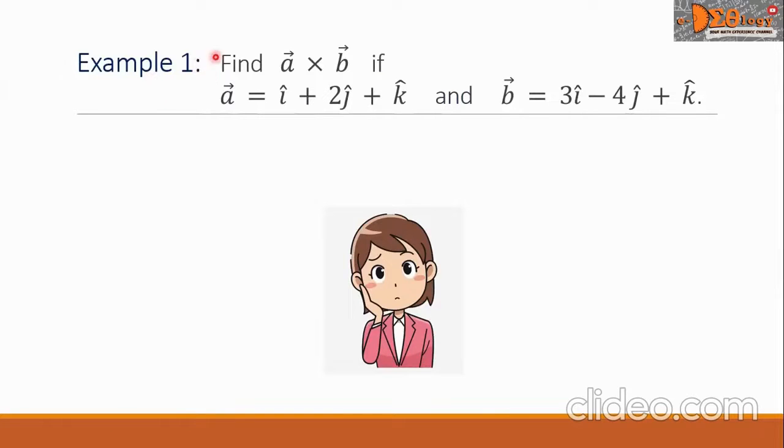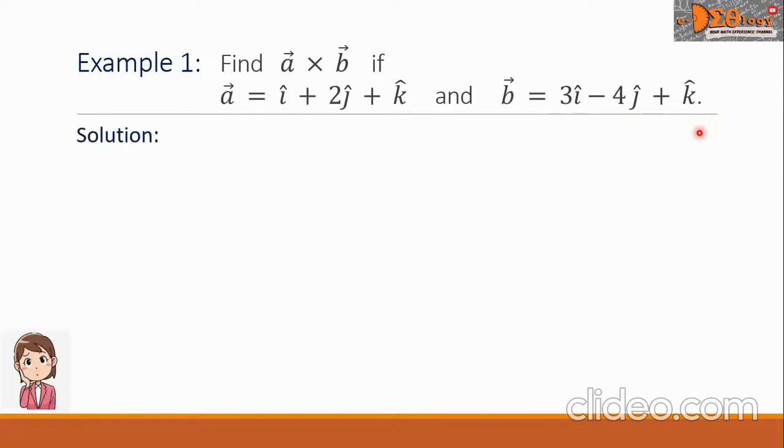Example 1. Find vector A times vector B if vector A equals i plus 2j plus k and vector B equals 3i minus 4j plus k. So we write here vector A times vector B, and let us write also the 3 by 3 matrix.